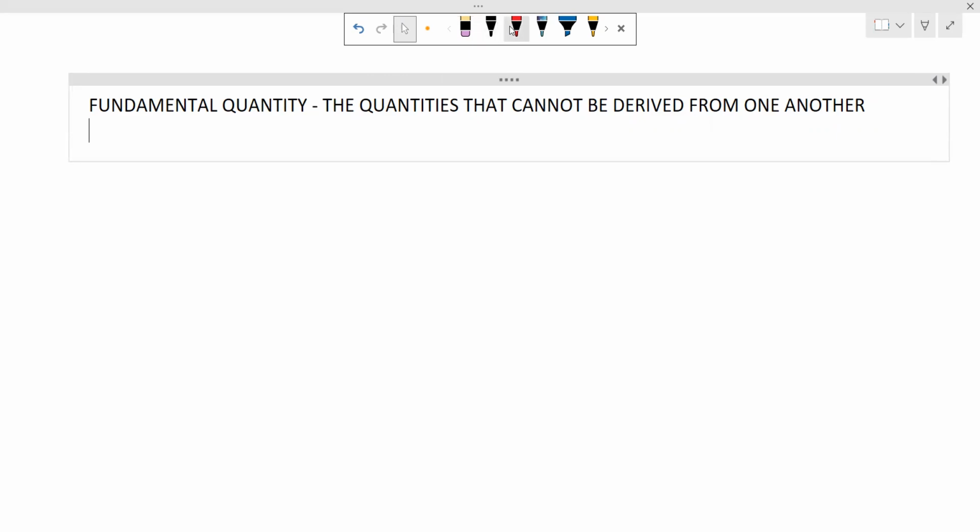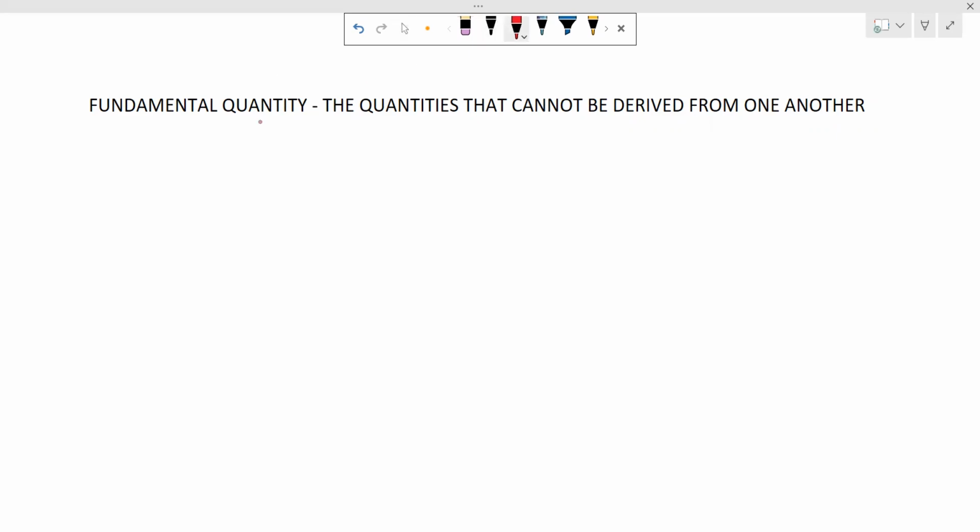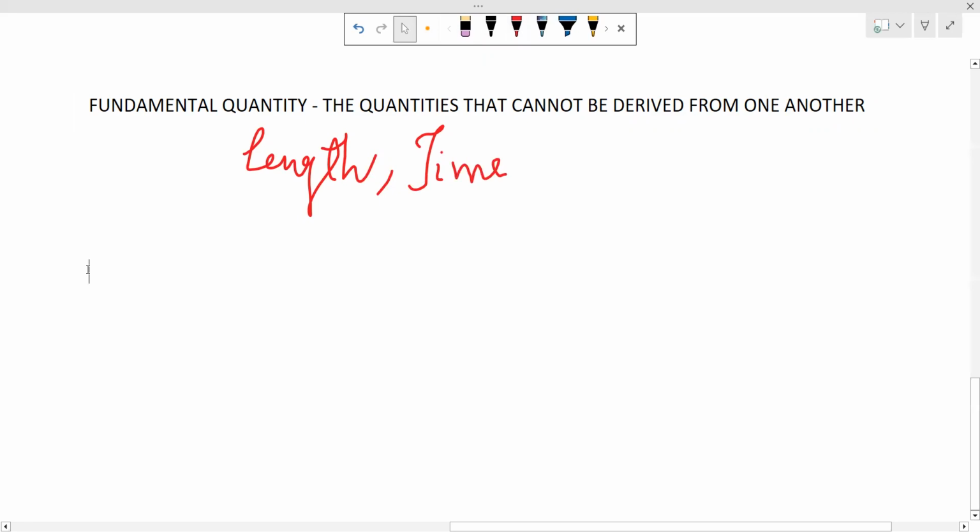For example, length. Length cannot be derived. It is already there. Length is a fundamental quantity. Time also cannot be derived. You can derive different quantities from time, but time cannot be derived from any quantity. That is what a fundamental quantity is.